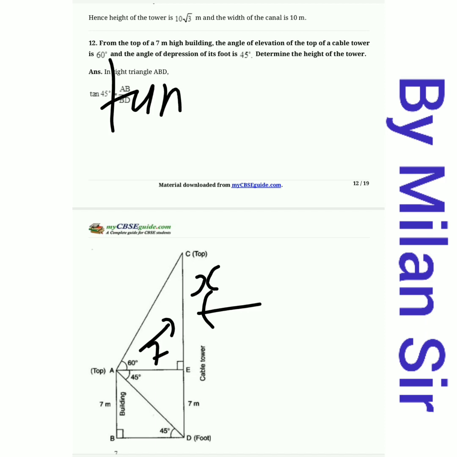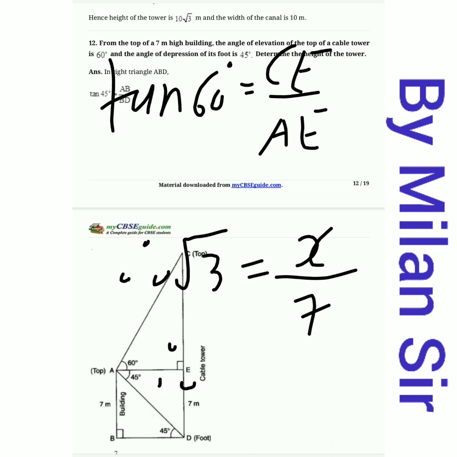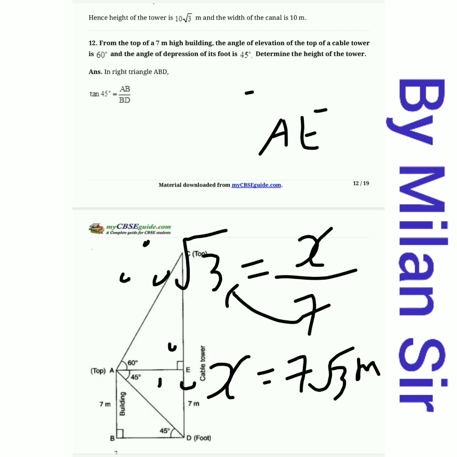That's why we need to use tan. So tan 60 is opposite side CE upon adjacent side AE. Now put the value of tan 60. It is root 3. Now CE we need to find and we assume it X. So AE is 7. So transfer this 7 to the left-hand side. So X is equal to 7 root 3 meter. Right? 7 root 3 meter.